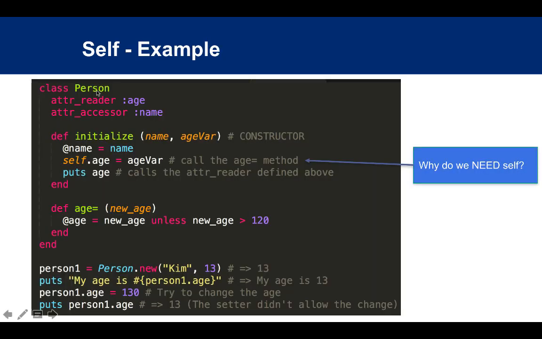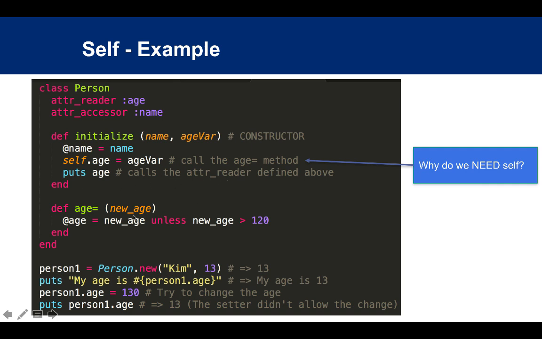We have this person, and instead of just doing attr_accessor for both name and age, we're going to do it for age as an attr_reader, which will only give us the get functionality. And we ourselves are going to make our own set functionality. For name, though, it's pretty simple, so we're just going to go with a built-in attr_accessor for name, which is going to get the name and set the name instance variable.